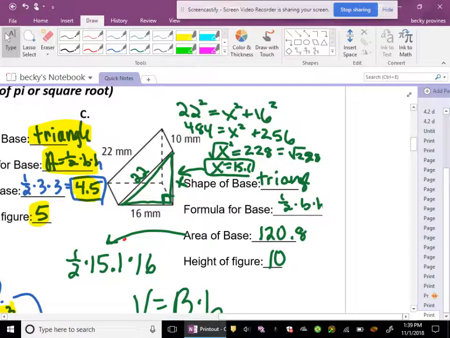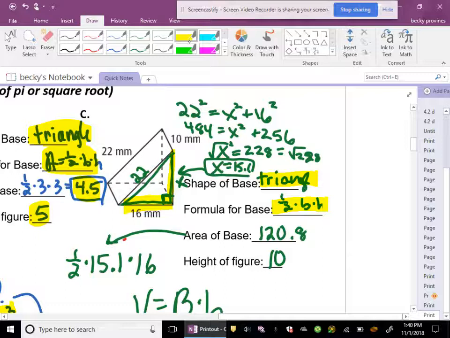Okay, so this is a triangular prism. So the base is a triangle. So we're going to use 1/2 base times height again. So we need the two pieces that make the right angle. So I'm going to highlight those here. Right there's the right angle. Now, as you can see, we're missing one side. So I'm going to use the Pythagorean theorem to find the side.